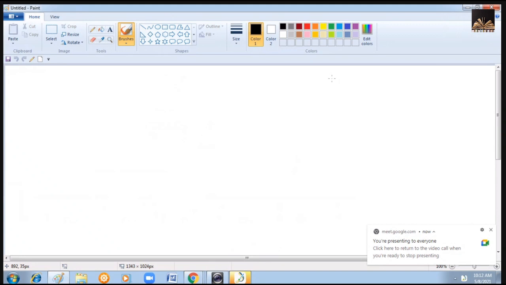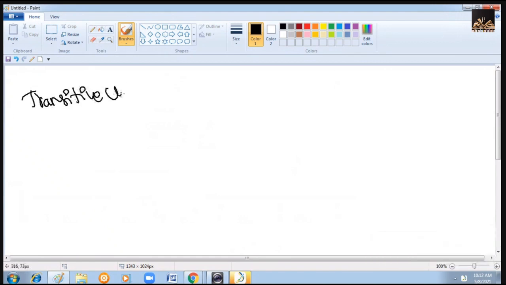So the transitive closure of a relation is calculated, and generally it is represented as R star. Presenting the closure in the form of a matrix and graph representation.